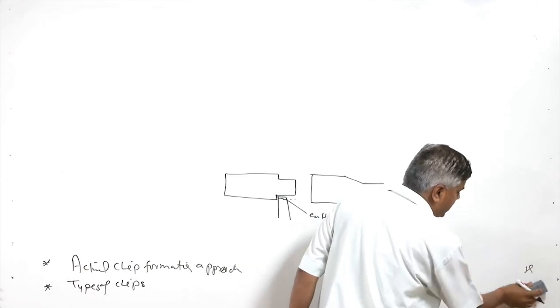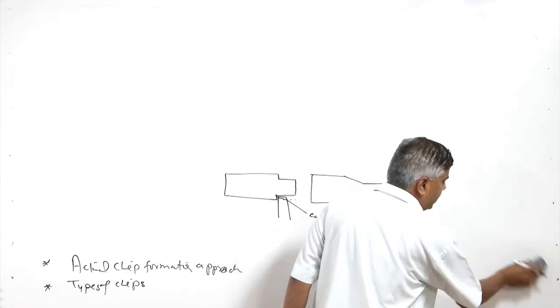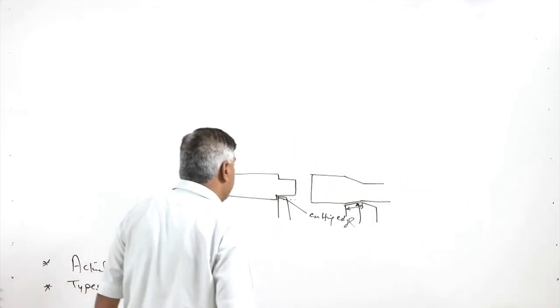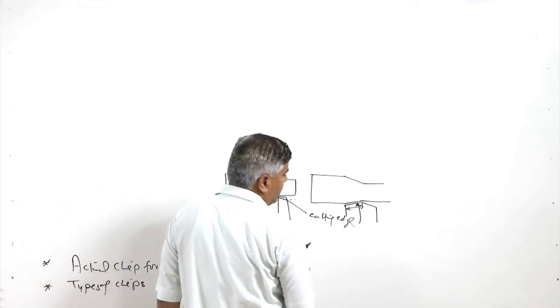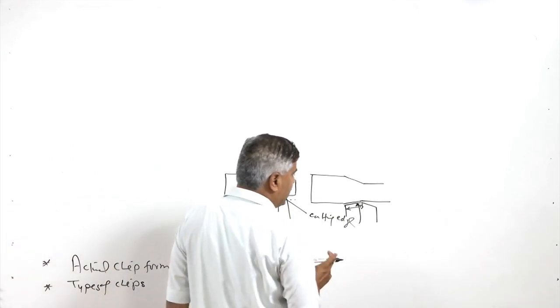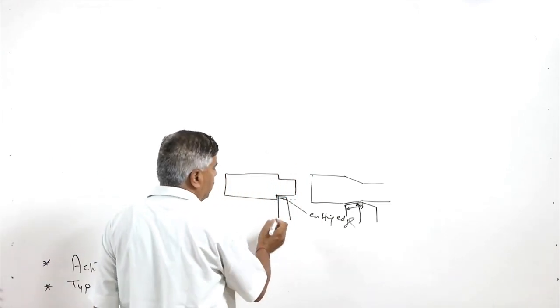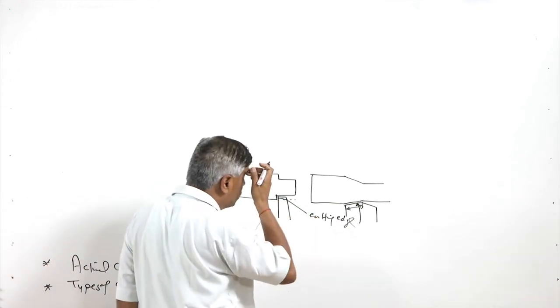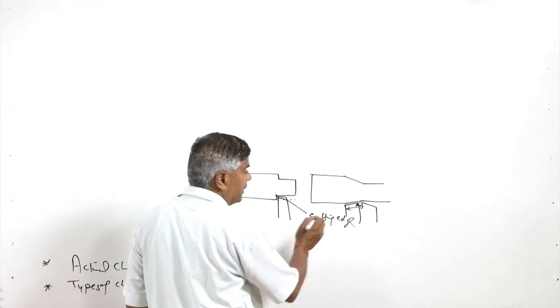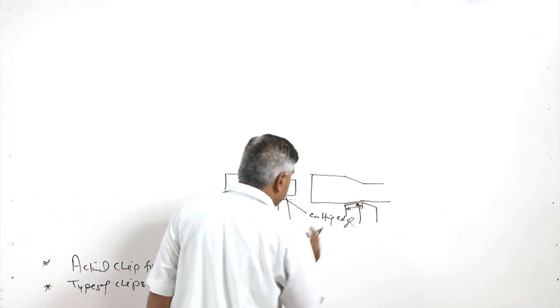So, from this explanation it is clear that the orthogonal cutting will be experiencing higher stresses at the cutting edge than the oblique cutting under identical conditions. Therefore, the tool life will be less for the orthogonal cutting as compared to that of the oblique cutting.